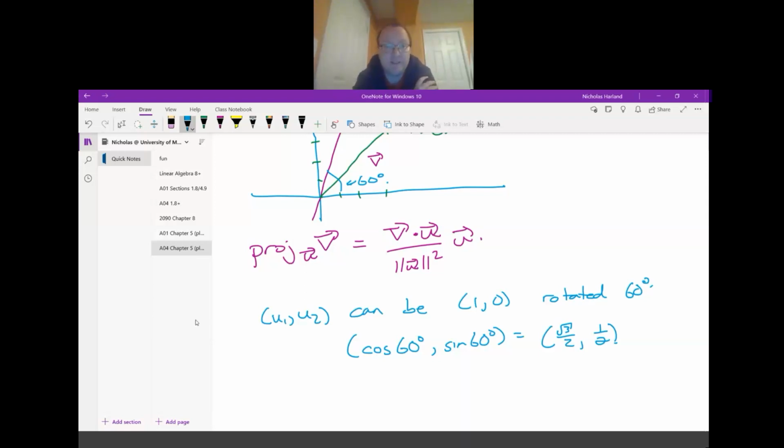Alternatively, we could find the slope of that line. How could we find the slope of that line? If x is cosine and y is sine, how could we find the slope? Not slope. That would be u2 over u1. And how do we find the slope? Yeah, that's tan theta.